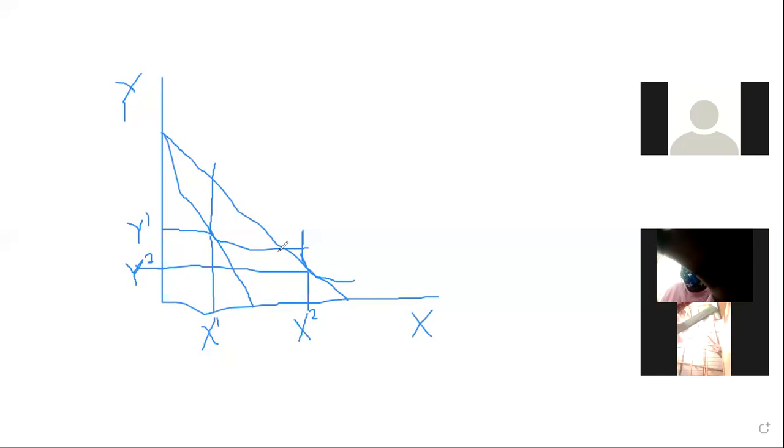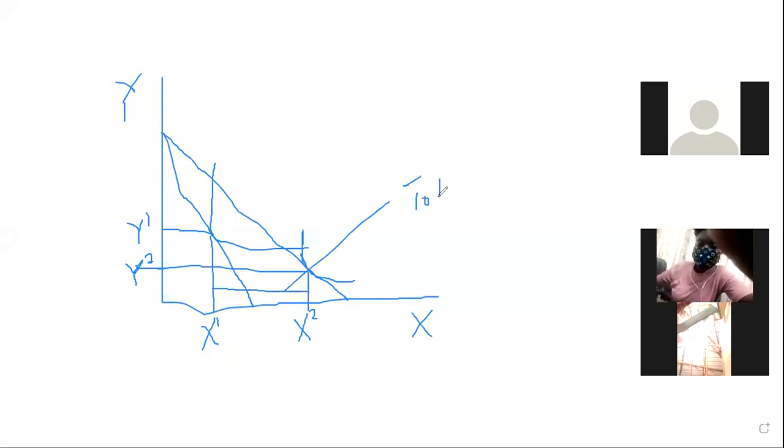The fall in price of X has resulted in the consumer increasing consumption of X from X1 to X2. This movement from X1 to X2 is what we call the total effect of the price change.